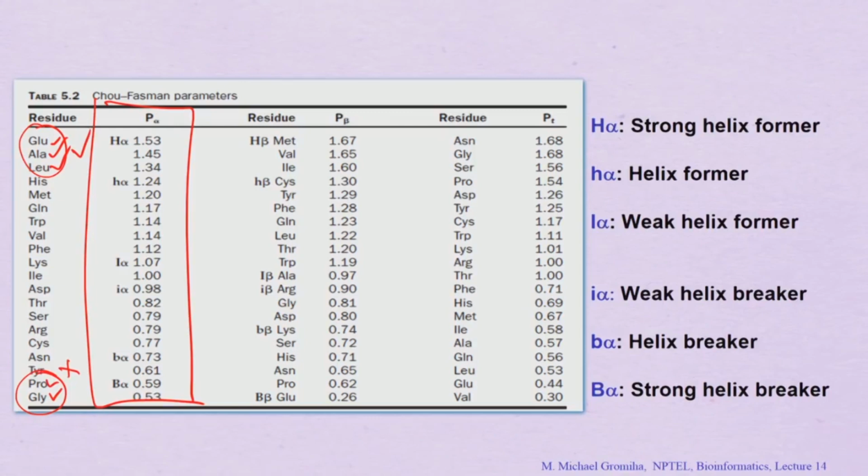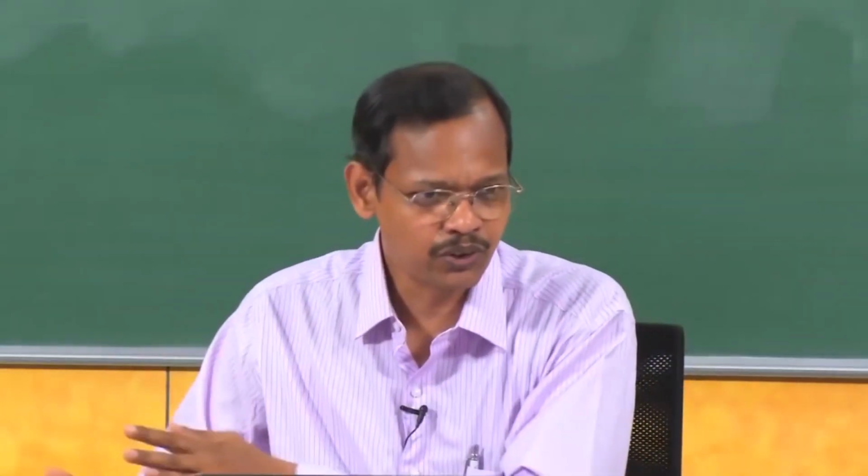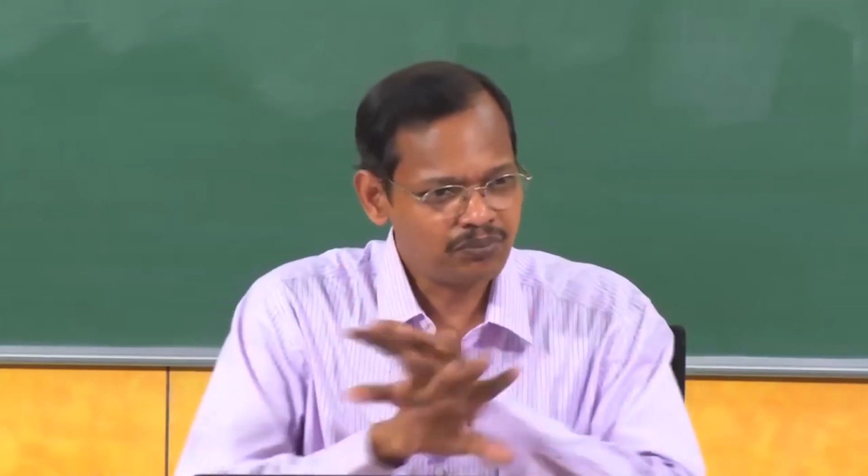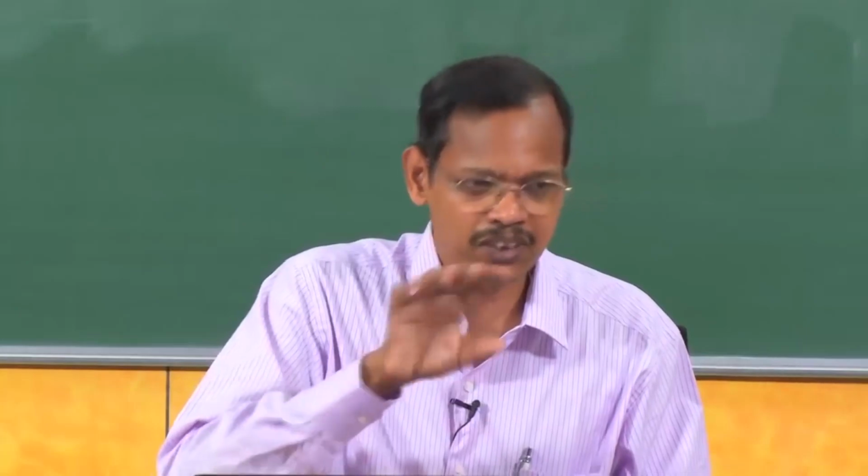Then if you see the values, some of them are very high, such as 1.5, 1.45, and some of them are very low, for example 0.5 or 0.6, and several residues are oscillating around 1, and that also depends upon the data set. If you use 100 proteins you can derive the values, if you use 1000 or 10,000 proteins, although there is no major difference, you can see a similar trend, maybe some minor changes.